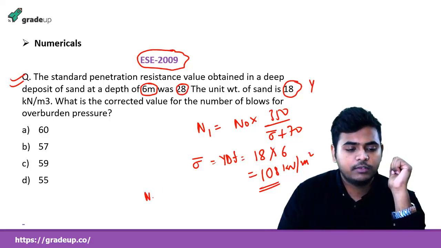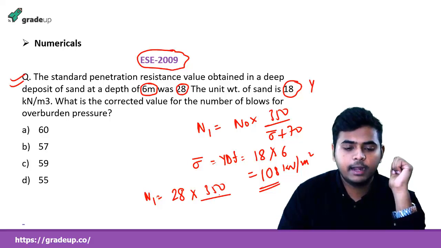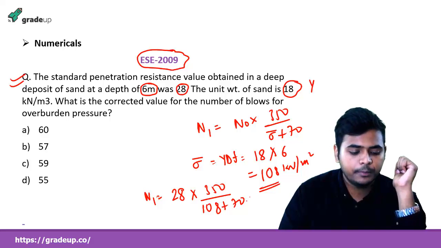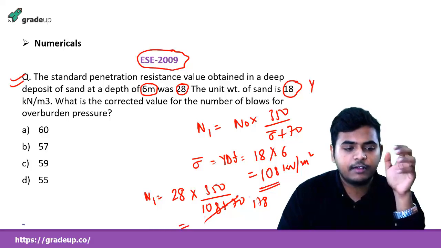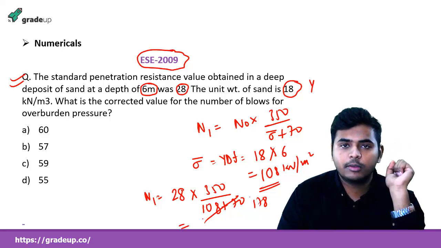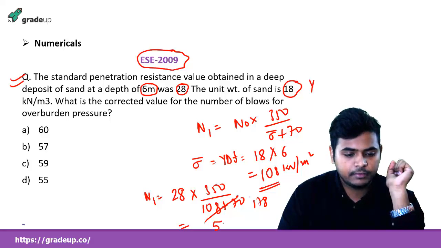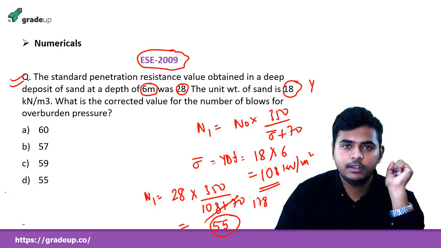So N1 will be N0, the observed value given as 28, into 350 by sigma bar, that is 108 plus 70. So this will be 178, and finally the N1 value, that is after correction for overburden pressure, we will obtain as 55. So the correct option is option D.